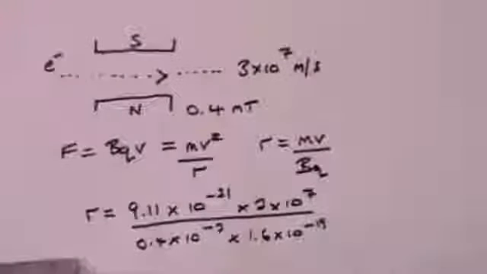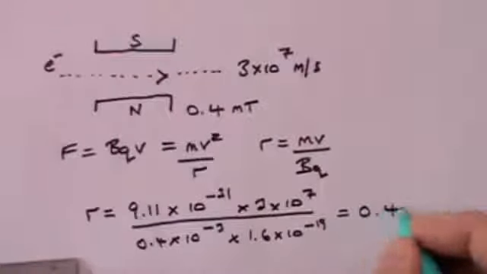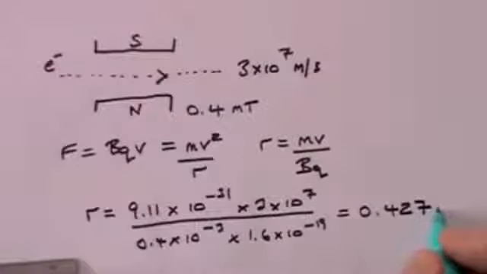So now it's just a case of putting that into the calculator, and you should get that that is 0.427 meters. So the radius of the circular orbit that the electrons will take as they bend into the page is 0.427 meters.